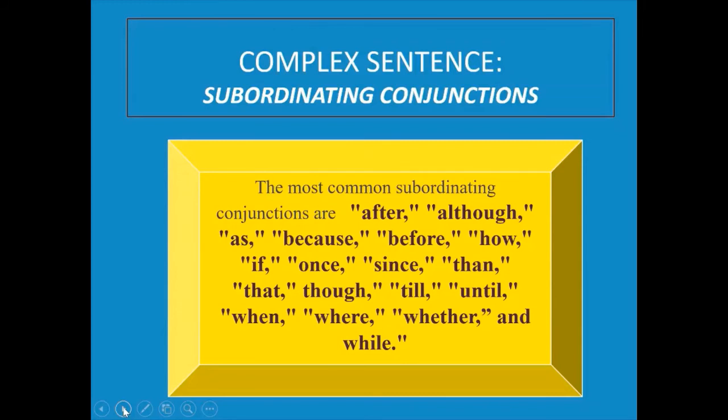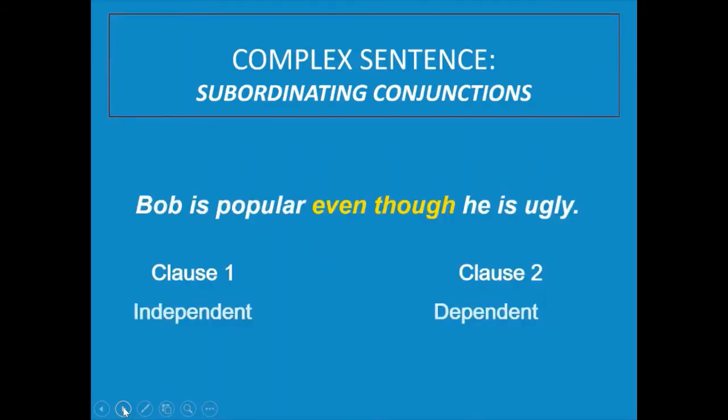These are the most commonly used subordinating conjunctions. Here's another example, the example we saw before, which is explained here. Bob is popular even though he is ugly.